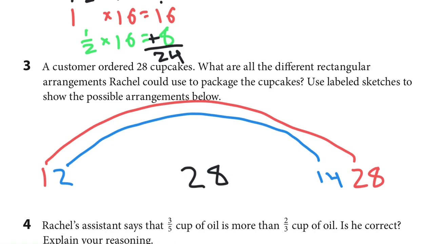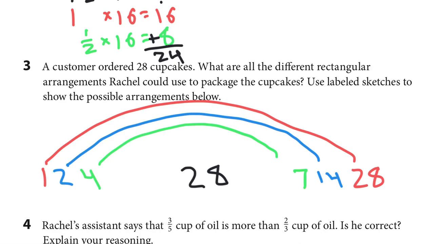3 is not a factor of 28, but 4 might be. What do you think? 4 times, hopefully, 7. Okay. 5 is not a factor of 28. What about 6? No, 6 is not a factor of 28.